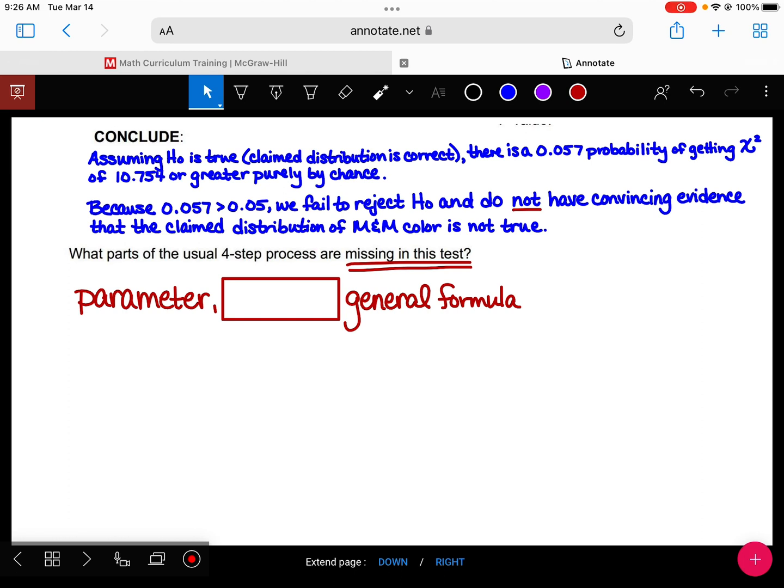There was one other thing that I noticed that was missing that we have had for every other significance test that we've done. A statistic. When we do a chi-square test, we only have a specific formula. This is the only one where we do not have to define our parameter of interest, and we don't have a statistic.